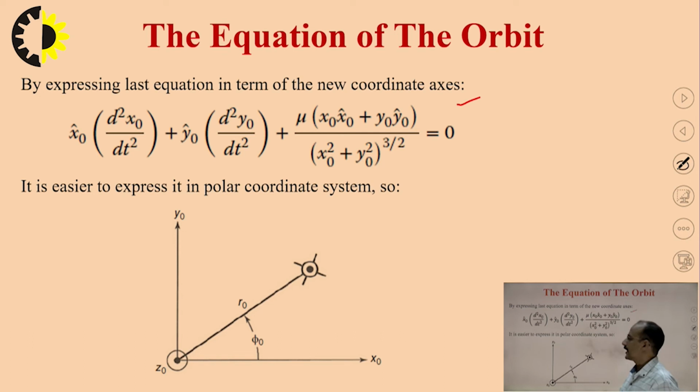It states x0 d2x0 upon dt square plus y0 d2y0 upon dt square plus mu times x0 cap plus y0 cap upon x0 square plus y0 square to the power 3 by 2. So basically this is the simplified second order differential equation, obtained by using the geocentric and orbital plane coordinate systems.